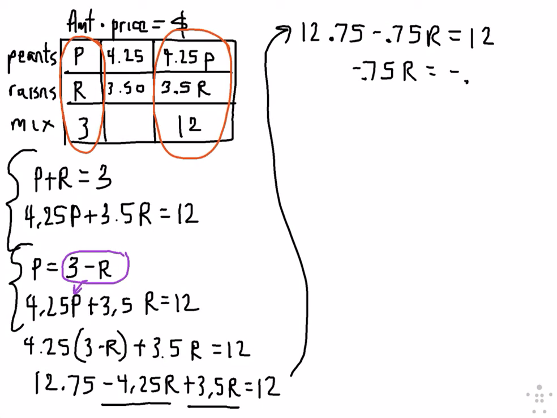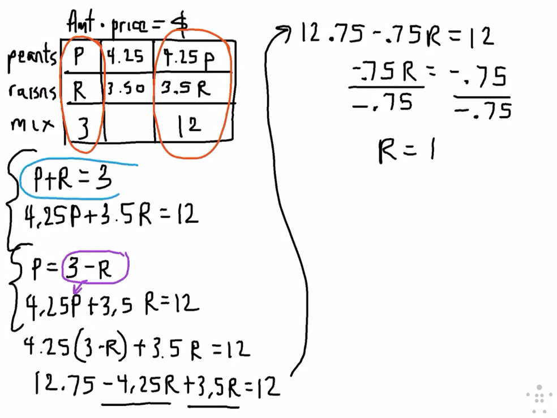That's negative 0.75. So then we divide both sides by negative 0.75, and we get R equals 1. Now the question for number 5 said, how many kilograms of peanuts? So we ended up with the other.